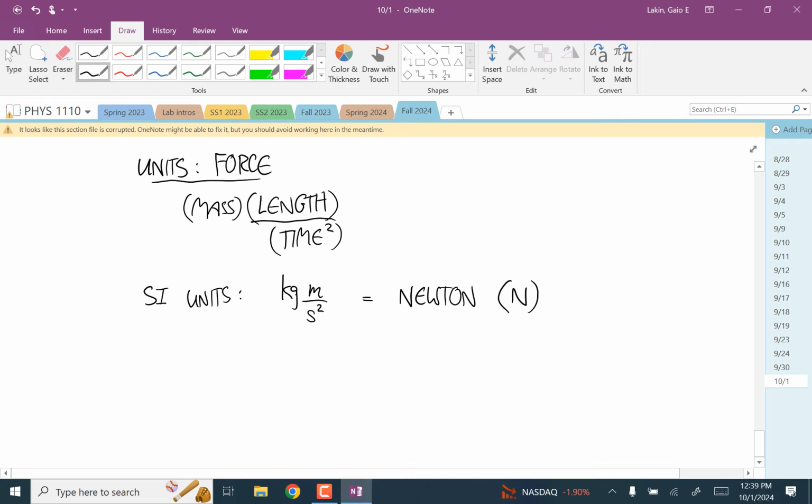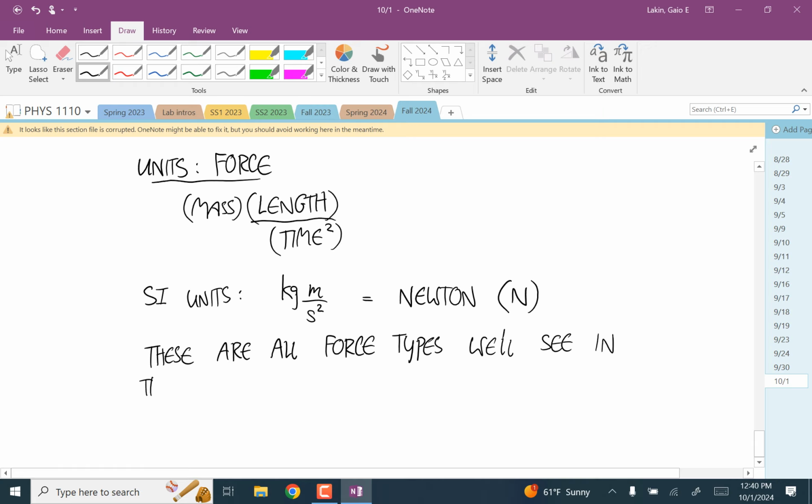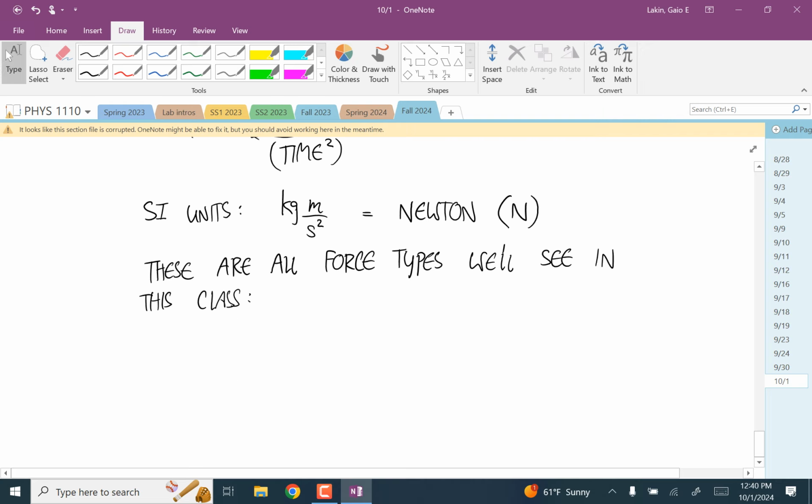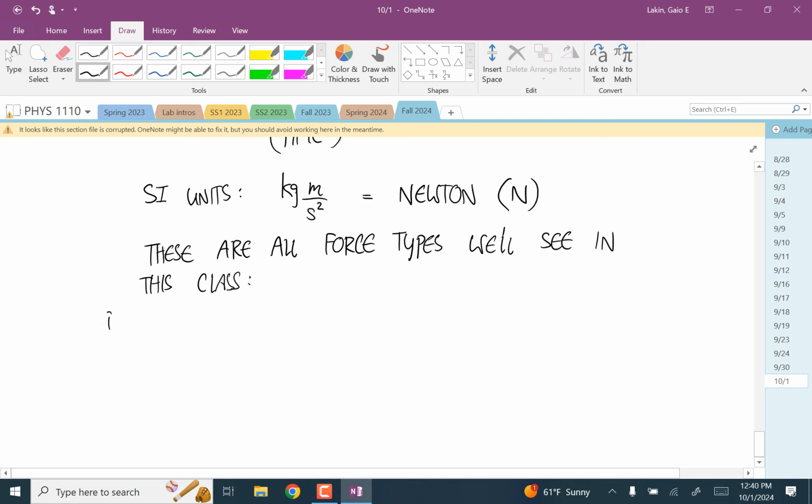And these are all the forces that we're going to deal with in this class. So let's say these are all the force types we'll see in this class. The first one is the weight force.